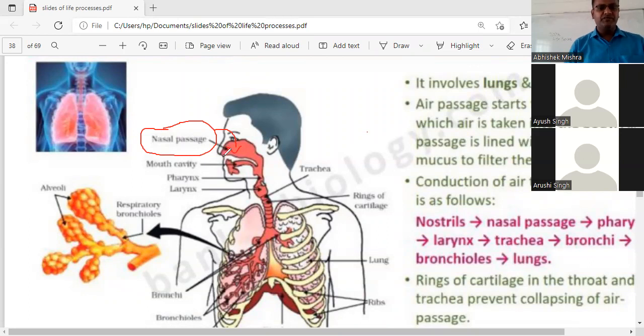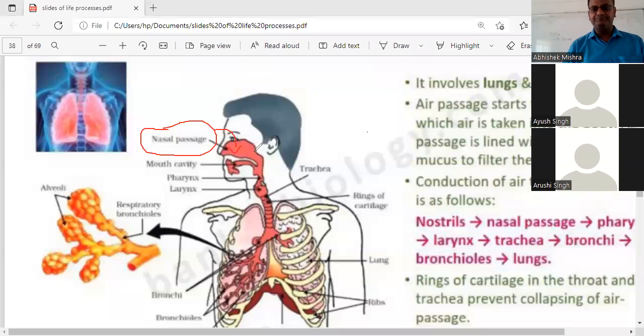So these fine hairs present in the nasal passage help to filter the air which we are inhaling. Got it? So the small dust particles which come along with the air are trapped by the fine hairs and the mucus present in the nasal passage.